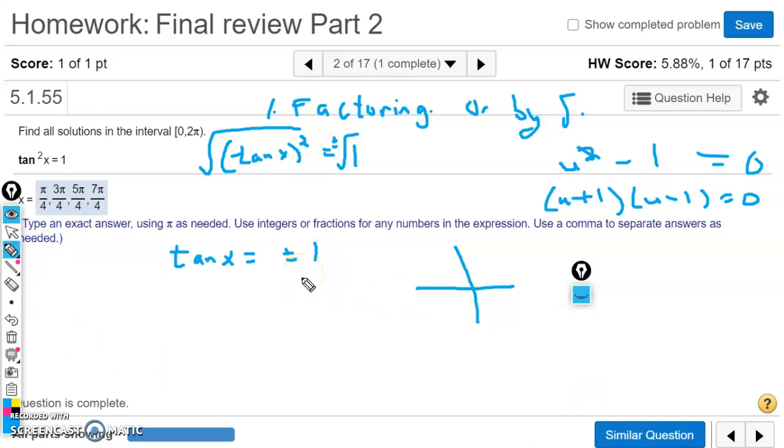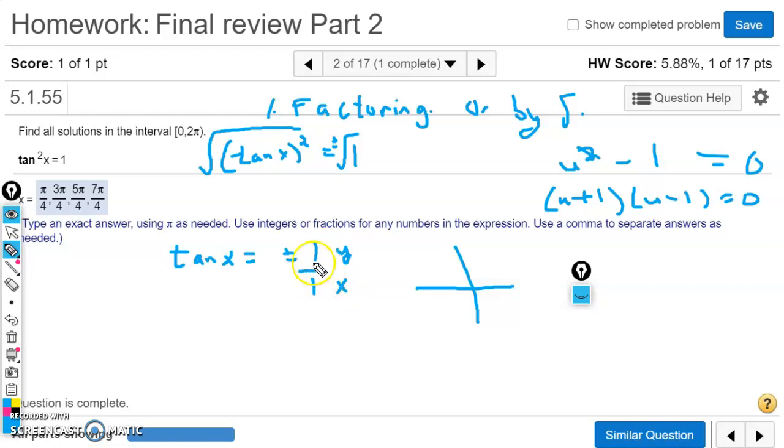And ratios have two parts to them, a numerator and denominator. In the case of trig ratios, it's either y, x, or r. Since it's tangent, tangent is opposite over adjacent. Opposite goes with the y variable. Adjacent goes with the x variable.